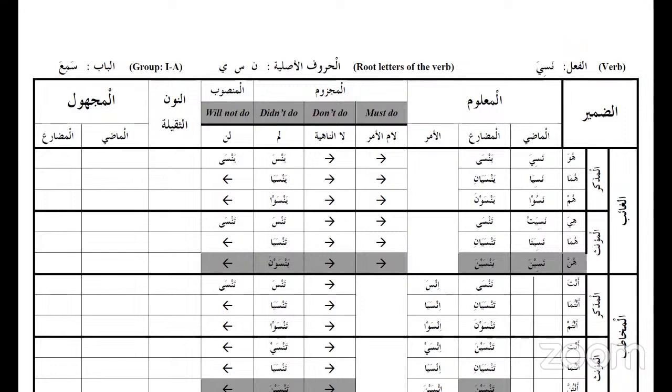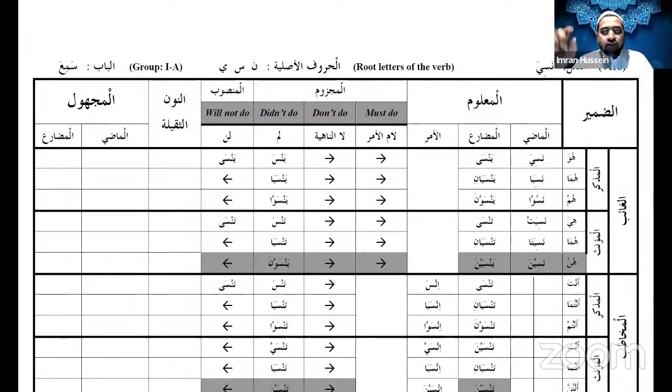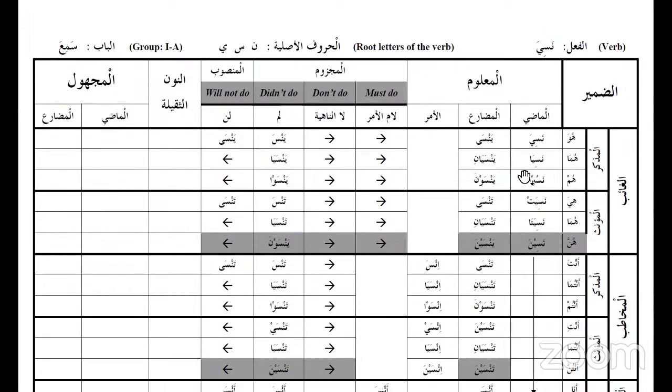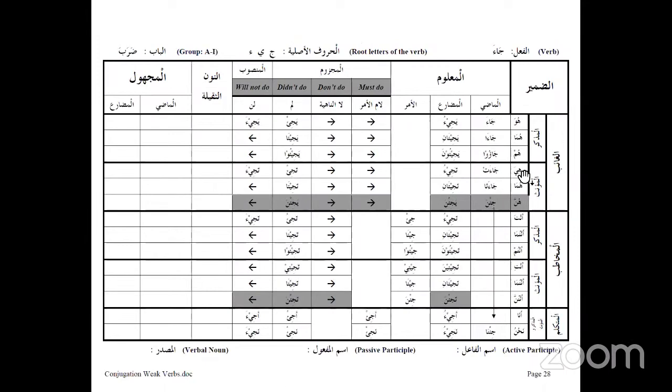So in Sami'a there are 2 verbs. In Nama, Yanamu is on the pattern of Sami'a Yasma'u, but the weak letter is situated in the middle. In Nasiya Yansa, the weak letter is not situated in the middle, but is situated at the end.